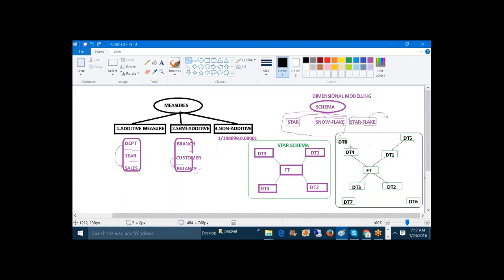This kind of arrangement is known as the snowflake schema.